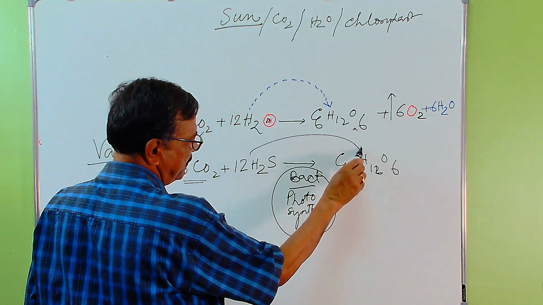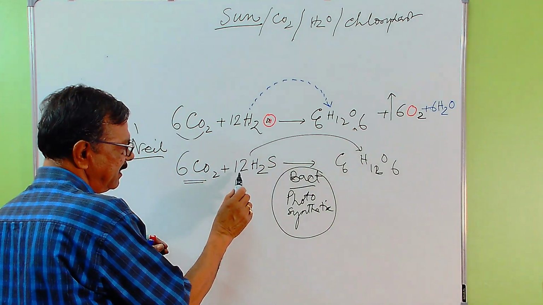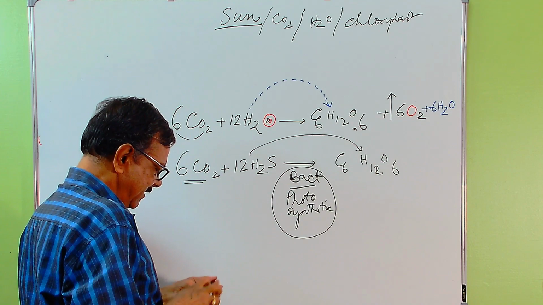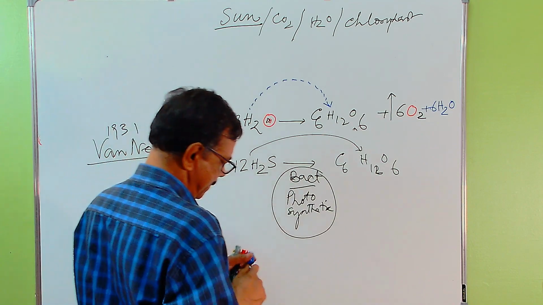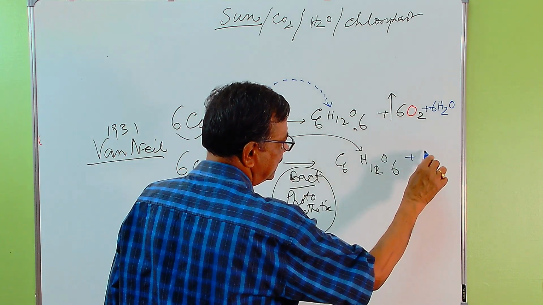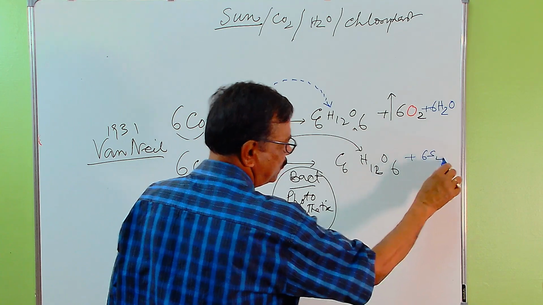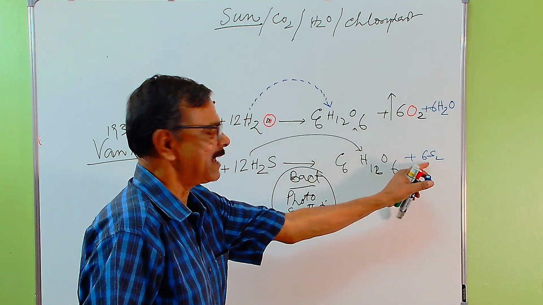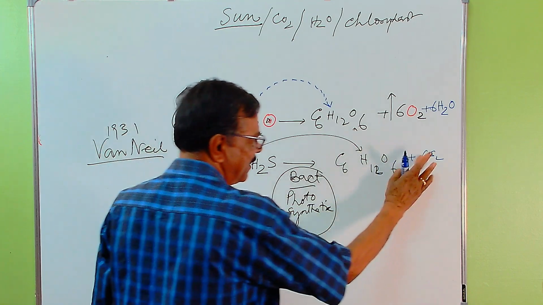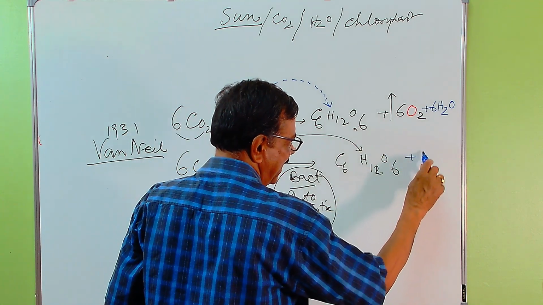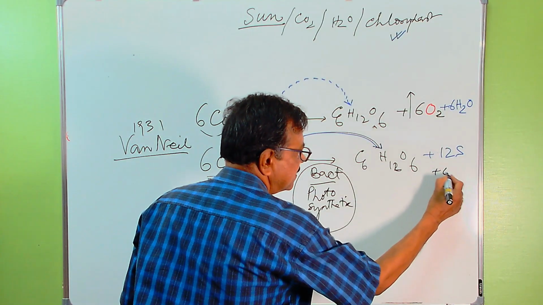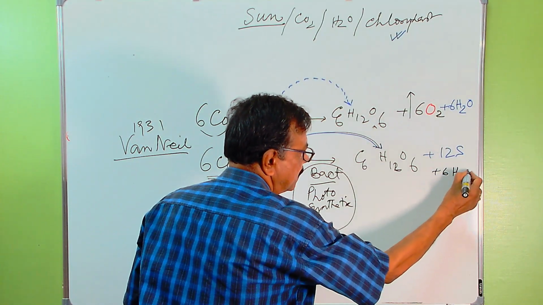This hydrogen is coming here, and instead of 6 O2, what will be there? 6 S2. But sulfur is not available in this form, so we write 12 S plus 6 H2O.